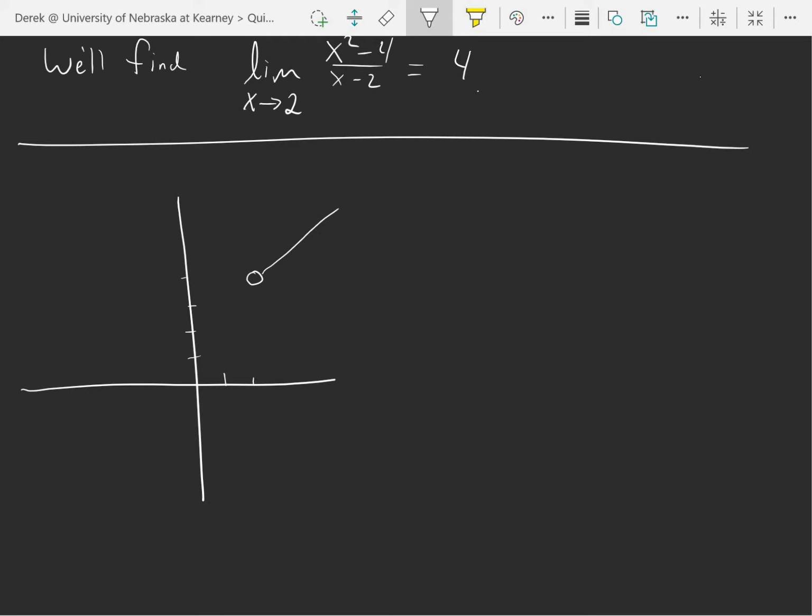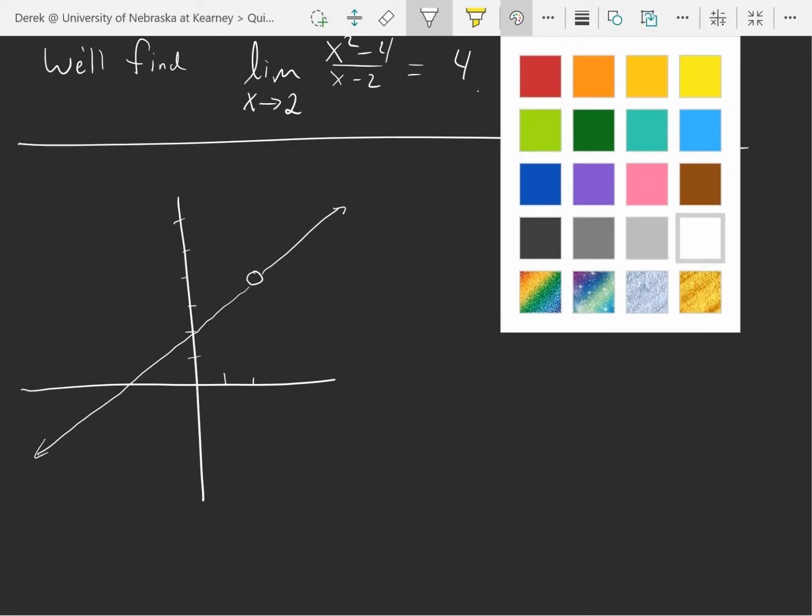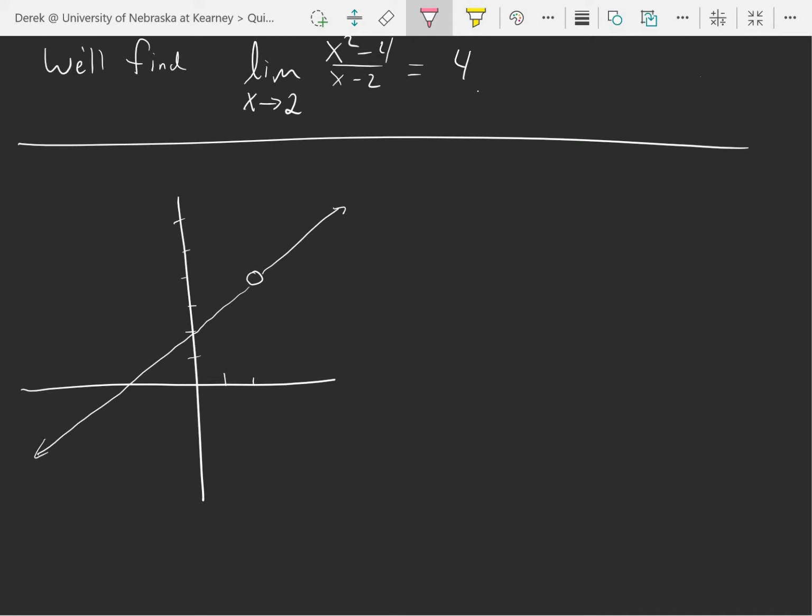It's going to have slope 1. And so the graph of our function looks like this. And we had a pink circle. It looks like our limit is going to be right here.